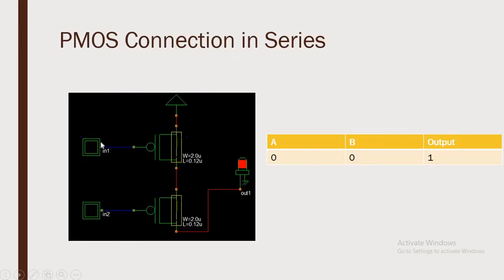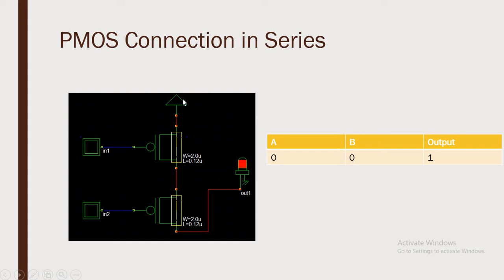So now here we have both input A and input B equal to 0. At the source terminal we have the output connected, which is an LED bulb, so that we can see our output. Now both inputs are 0. When input A is 0, you can see the drain and source of the first PMOS are short circuited. Similarly, the drain and source of the second PMOS are short circuited.